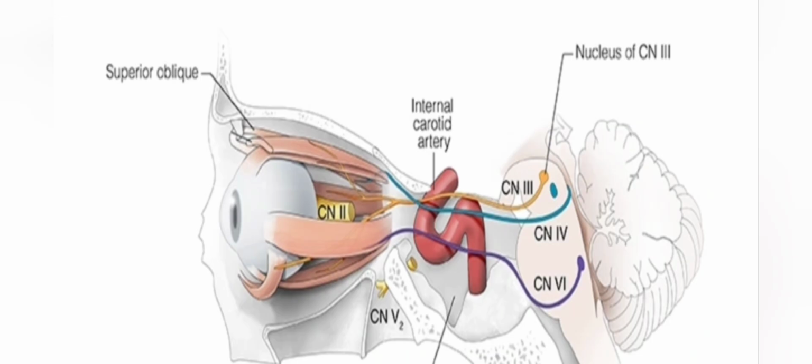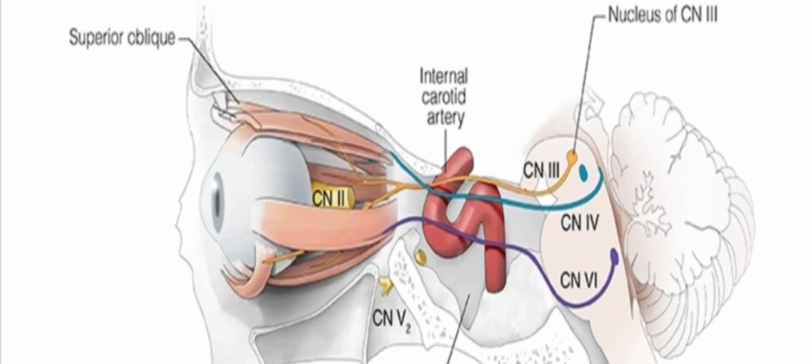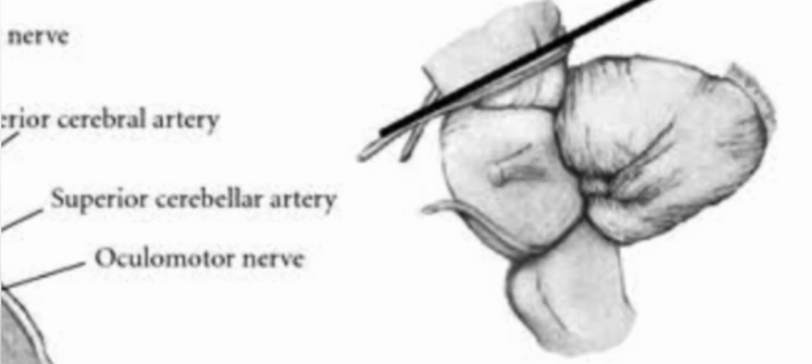This is one more picture which will show the complete view of the fourth cranial nerve. So it has the nucleus in the dorsal part of the brainstem, and then we have the fascicular part, then it has the subarachnoid part and then in the cavernous sinus and then enters the orbit and supplies the superior oblique muscle.